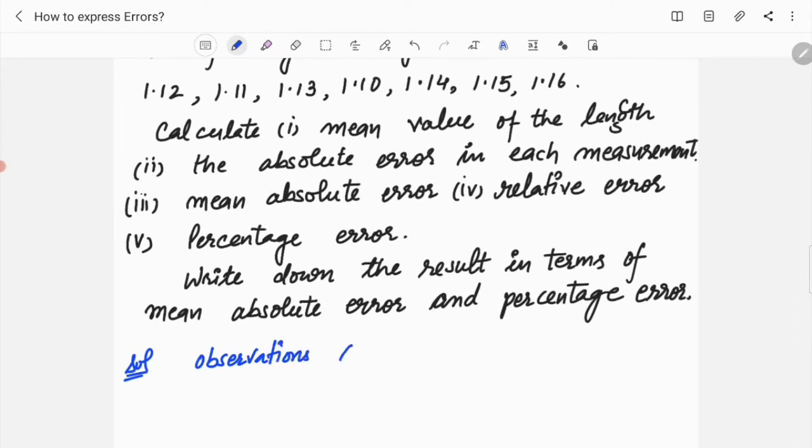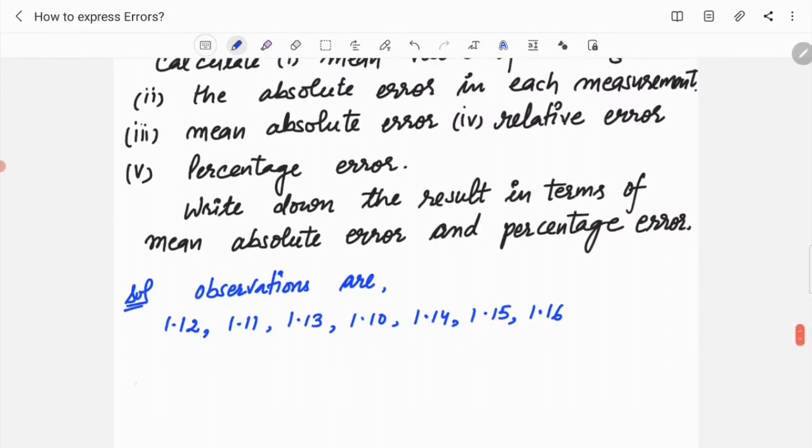Observations are 1.12, 1.11, 1.13, 1.10, 1.14, 1.15, 1.16. Calculate its mean value.